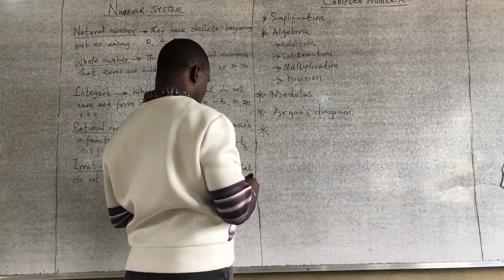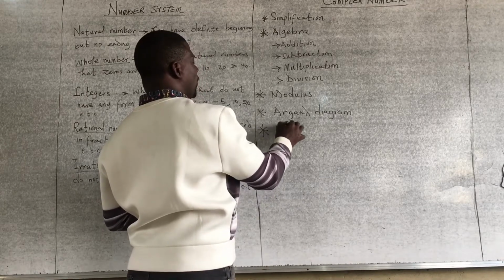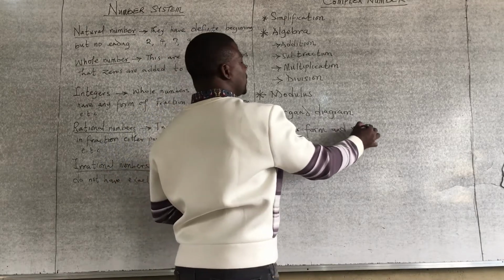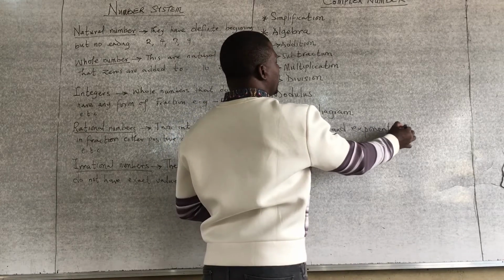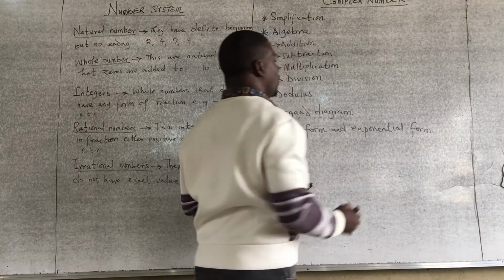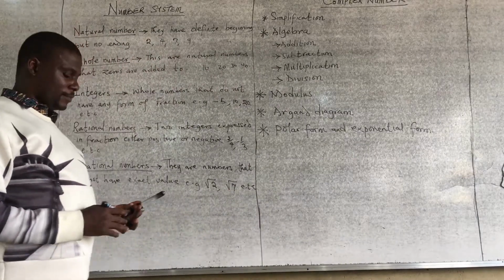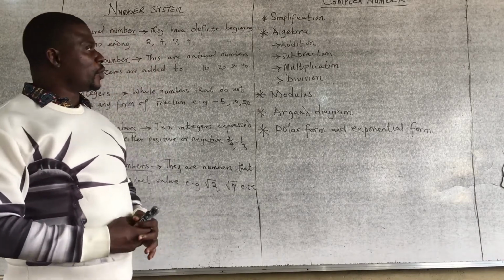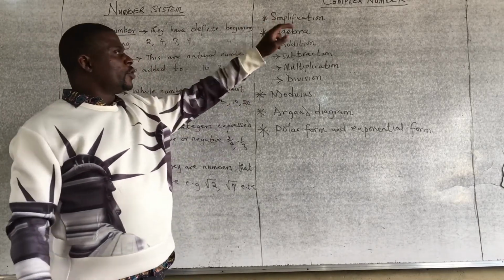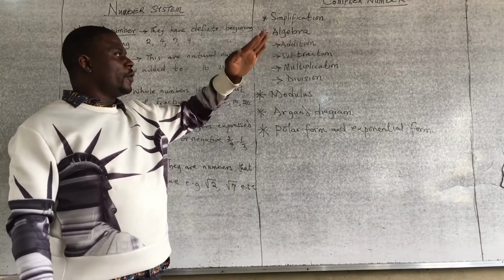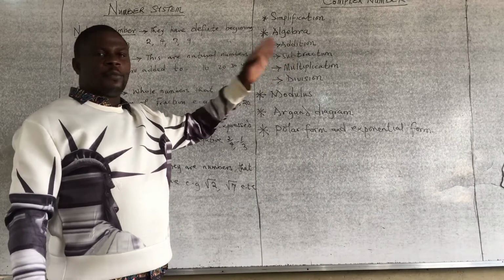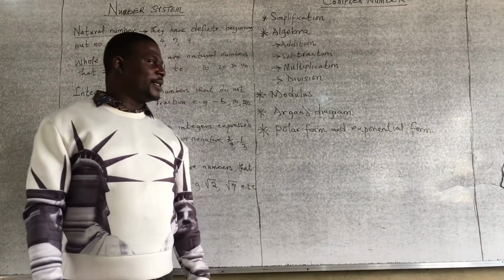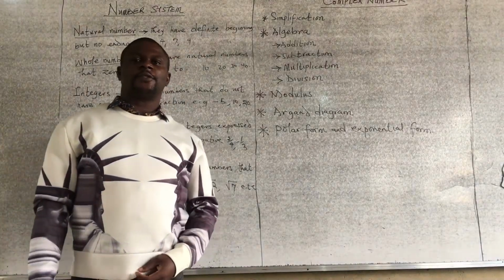And then after that, we are going to be looking at polar form and exponential form of complex number. Those are the things we are going to be considering in complex number: simplification, algebra, under the algebra, addition, subtraction, multiplication, division, modulus, Argand diagram, the polar form, and exponential form of complex number.